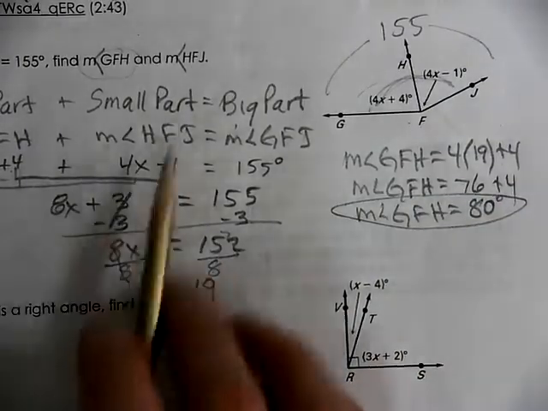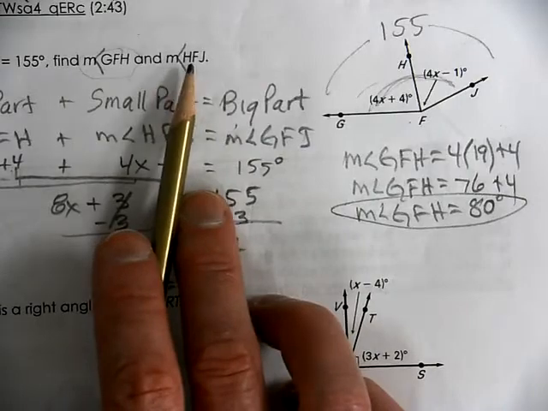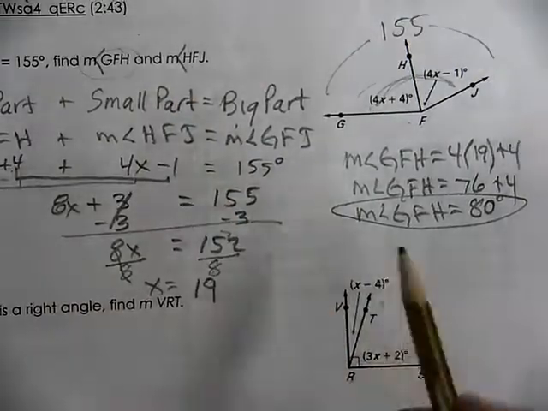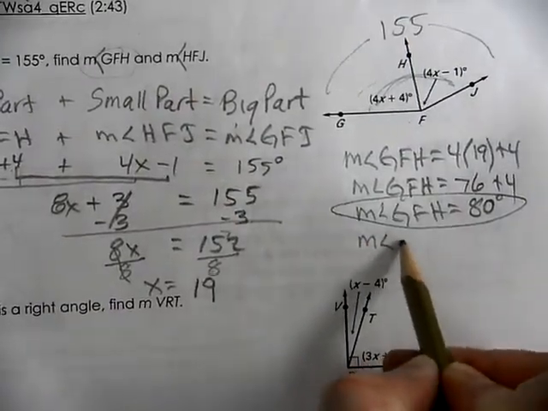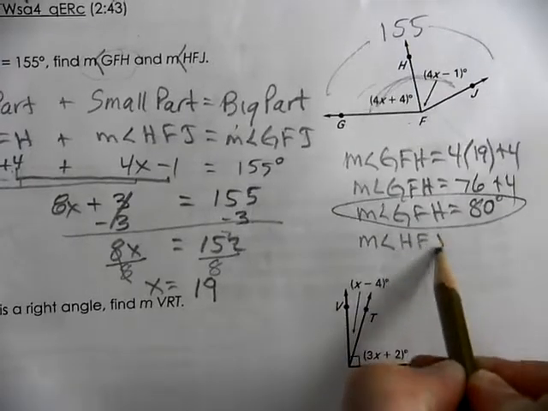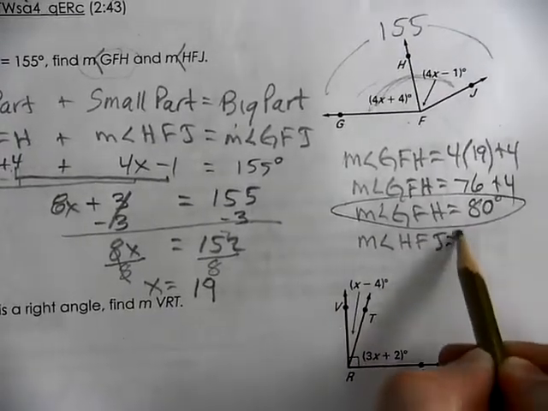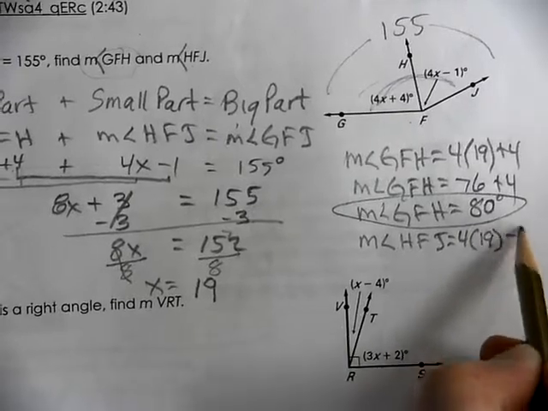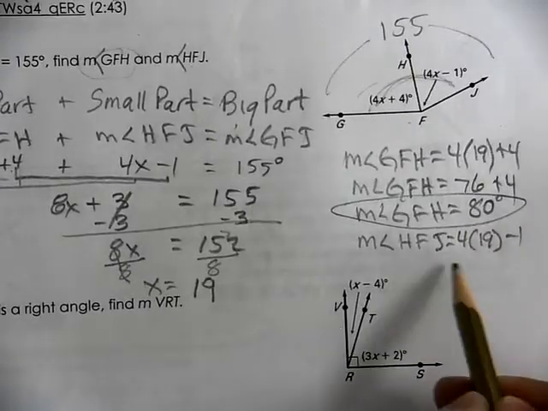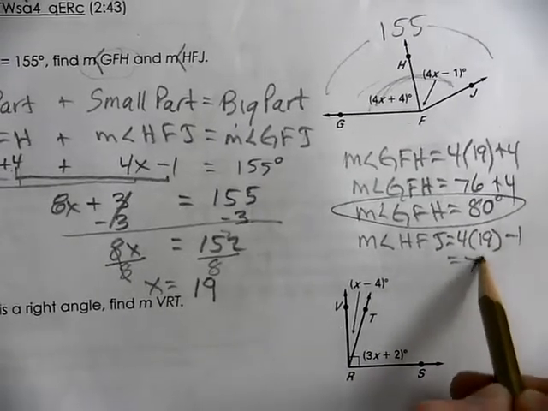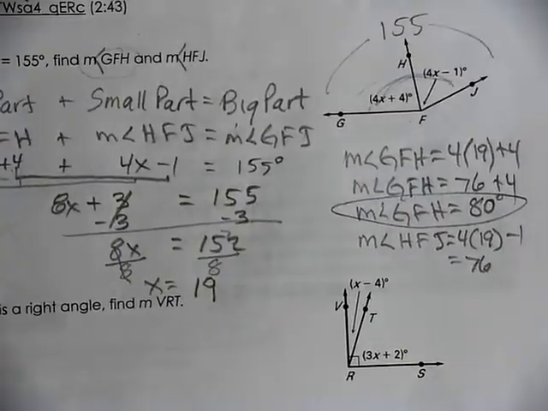They also would like us to find the measurement of angle HFJ. So this is going to be 4 times 19 minus 1. Well, we've already learned that 4 times 19 is 76. It's 4 less than 4 times 20.